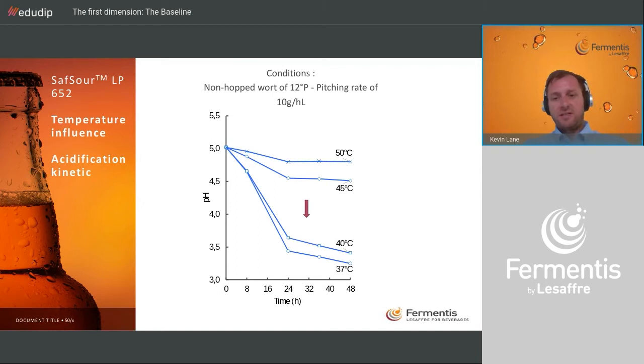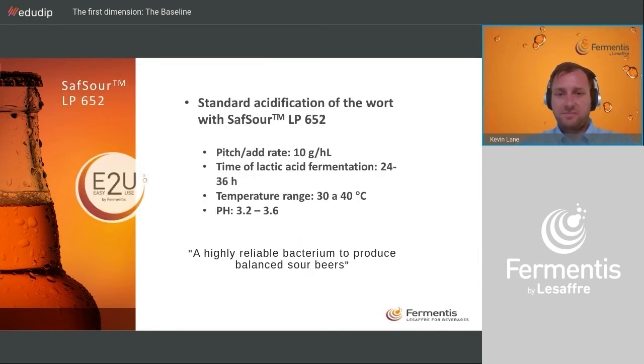What I found interesting about this bacteria is that it has a lower ideal temperature than what I previously thought. But with this specific strain of bacteria, it really ideally would like to be in the 30s up to 40 degrees C for the appropriate souring.